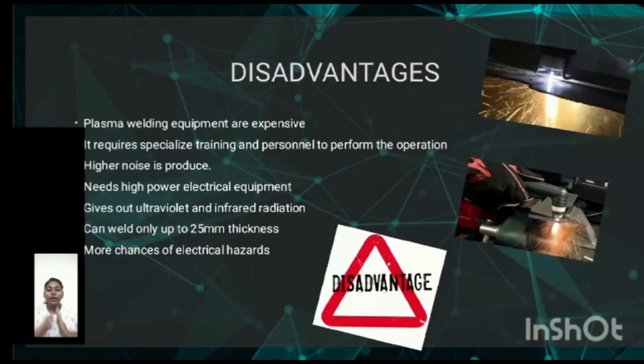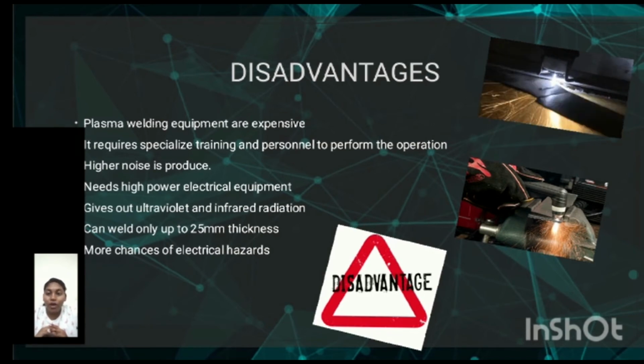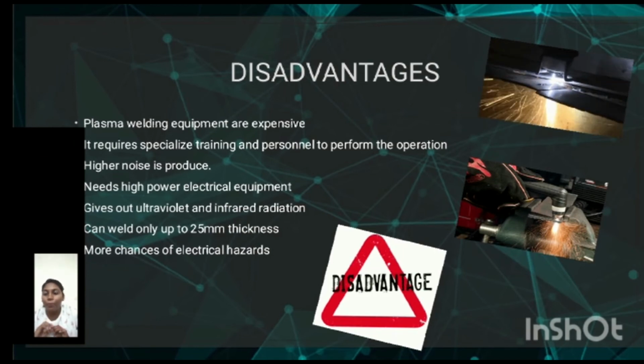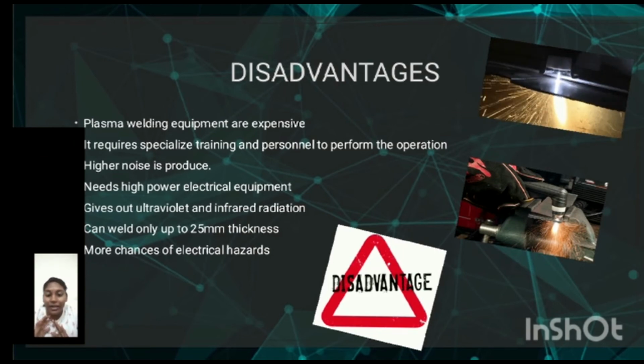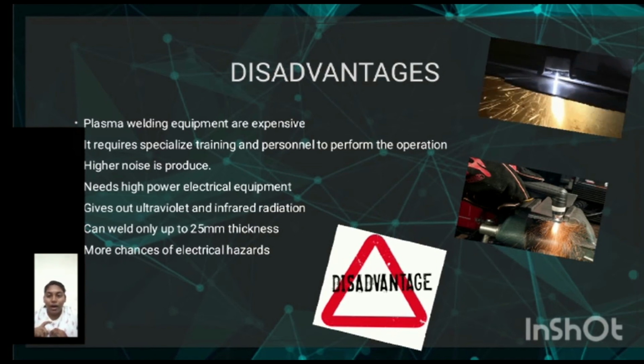So next we are going to see the disadvantages of plasma arc welding. Basically, plasma welding equipment is very expensive. Next, it requires specialized training and personnel to perform the operation, because normally not everyone can use plasma arc welding. The people who use it need specialized training. Next is higher noise produced.